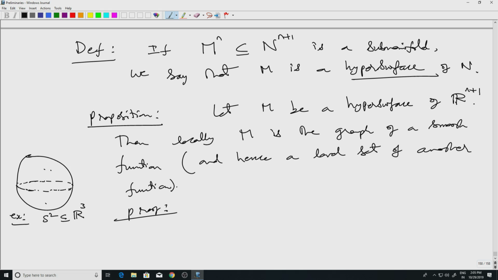If I'm in the closure of the upper hemisphere, including points on the equator, then any point can be written as (x, square root of 1 minus |x|^2), where x is in R^2. So this function, square root of 1 minus |x|^2, is the function whose graph is what we have here.